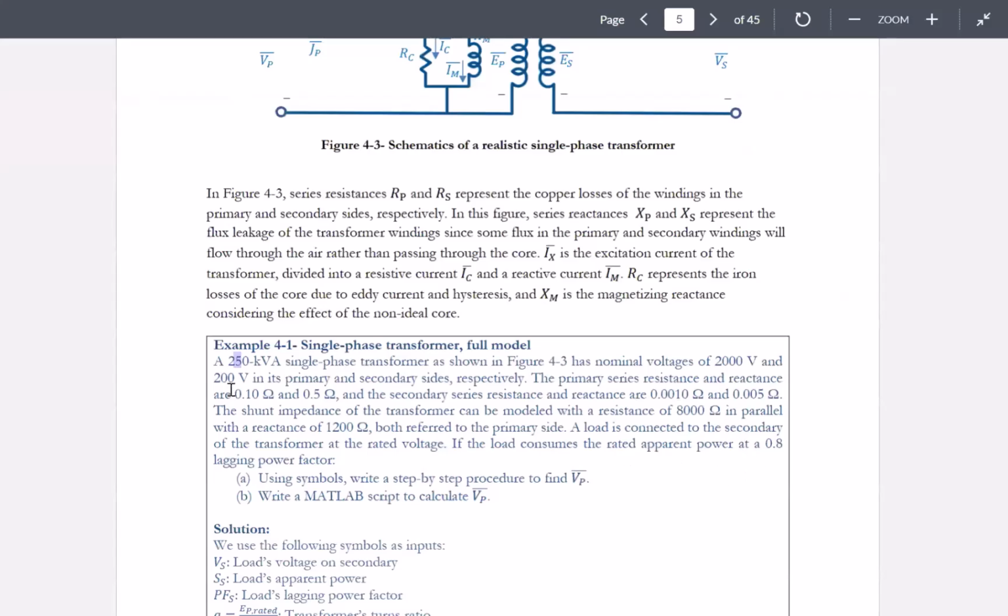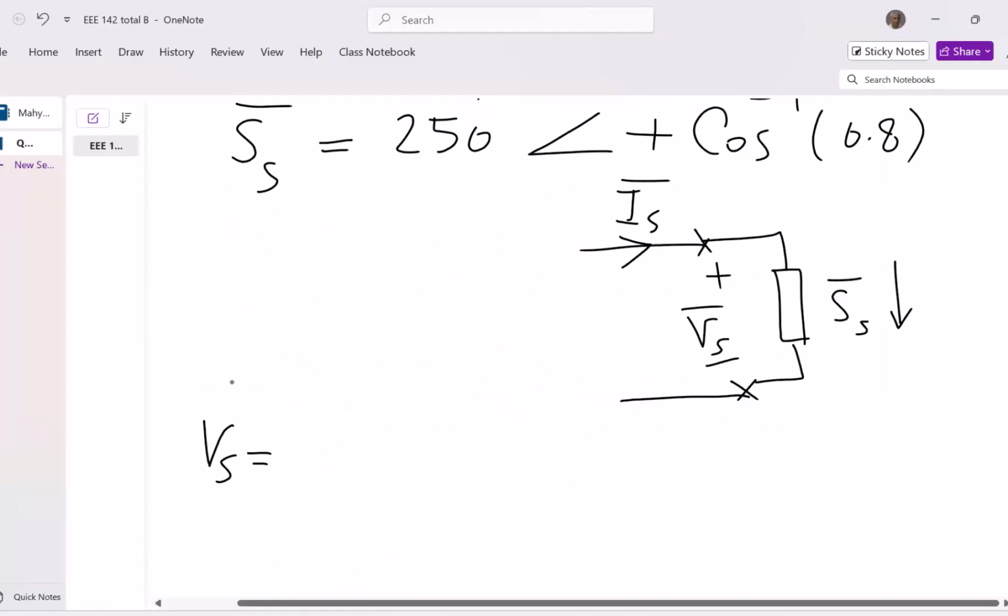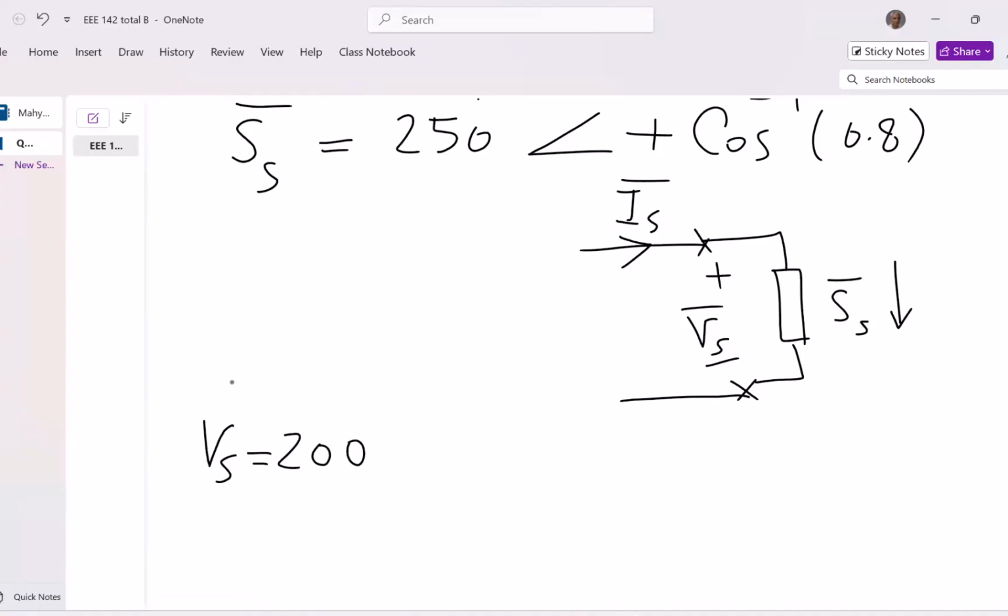The rated value, which is 200 volts on the secondary side. We have to adopt a reference of angle at the point that we have knowledge of the voltage. So because the voltage at this point has been given to us, we could say VS bar is 200 with the angle of 0, which means this point serves as the reference of angle for our problem.